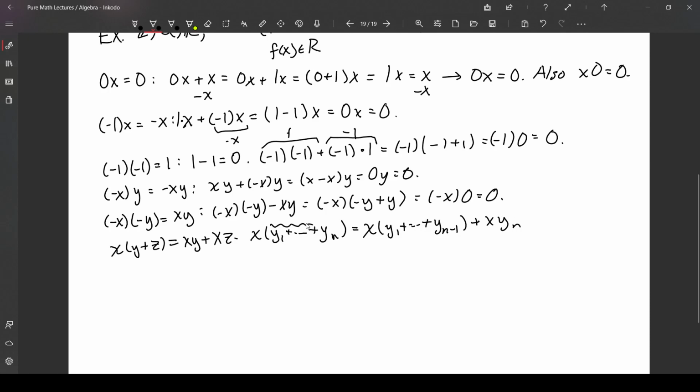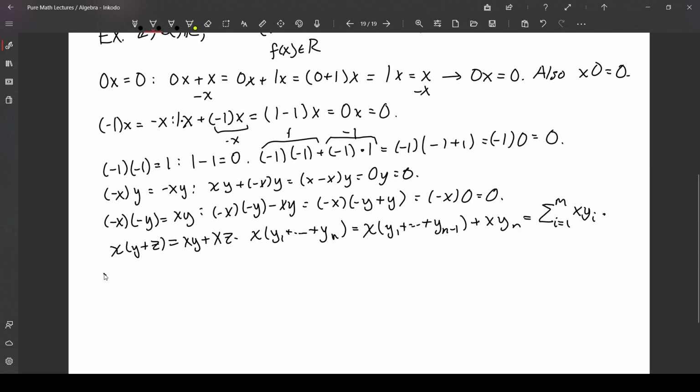And so by induction, this is going to give you the sum as i goes from 1 to n of x y sub i.